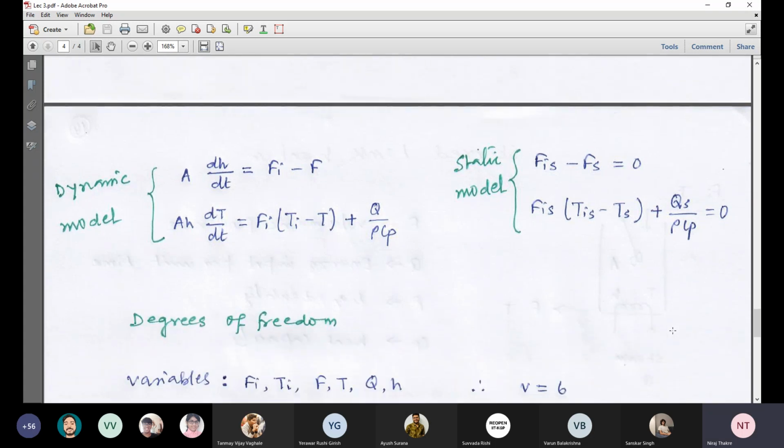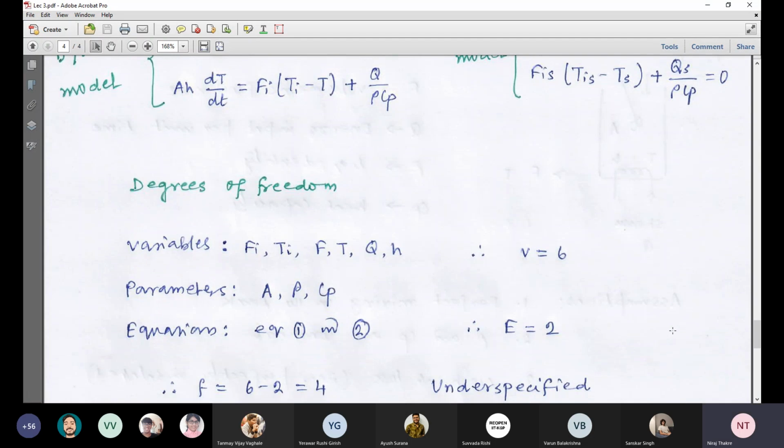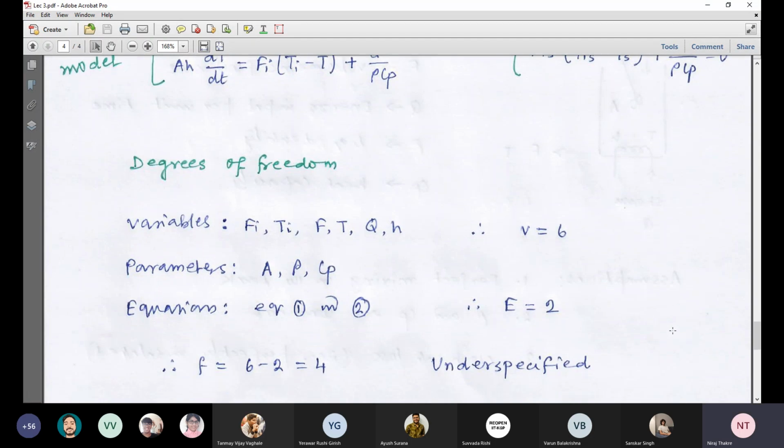Let us go to the degrees of freedom analysis. What you told, this is the situation, you see. You told there are a total of 6 variables. That is why I have written V equal to 6. Parameters are identified as cross-sectional area A, density rho, and heat capacity Cp.